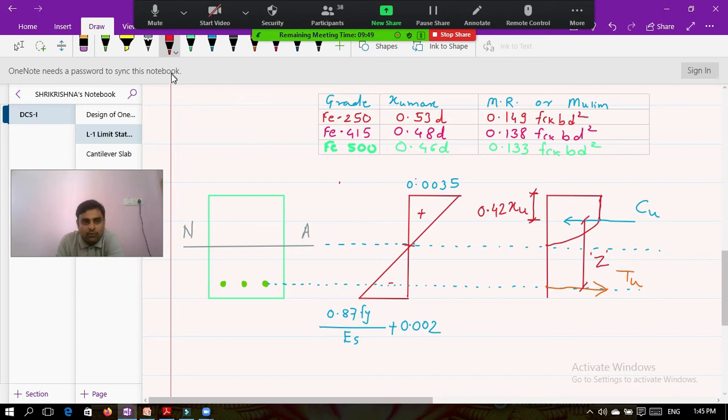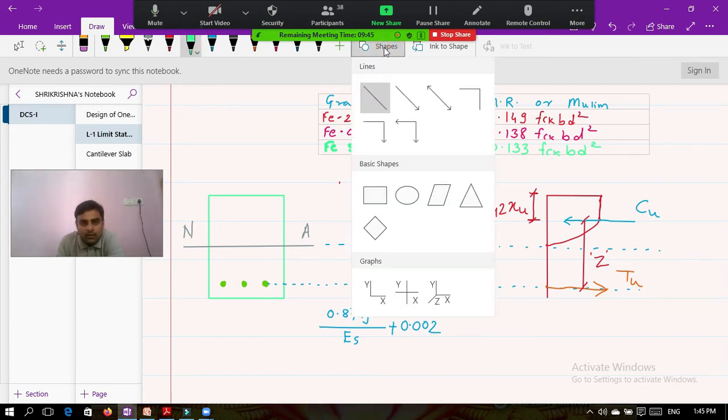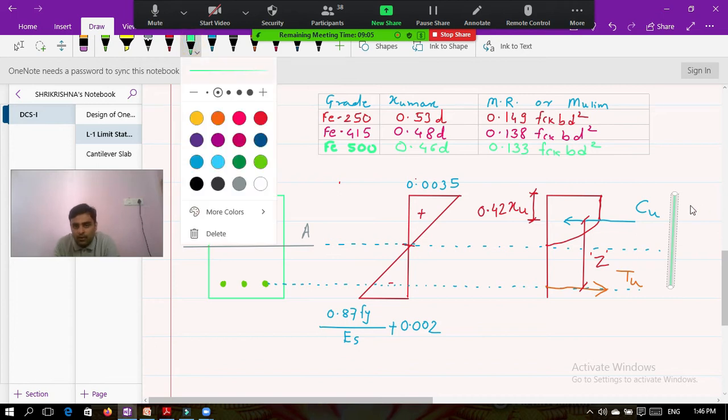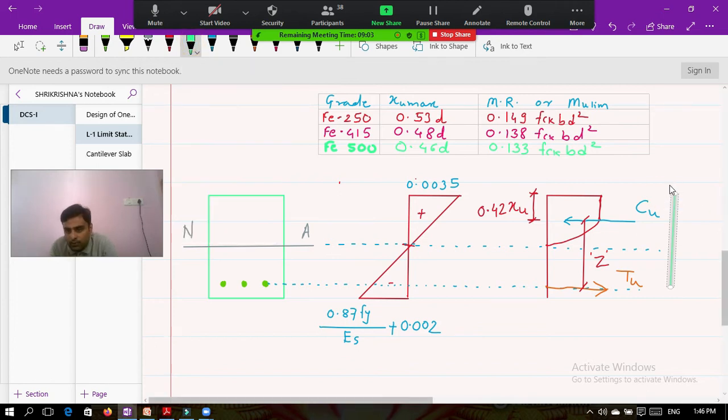The effective depth is from this point up to this point.